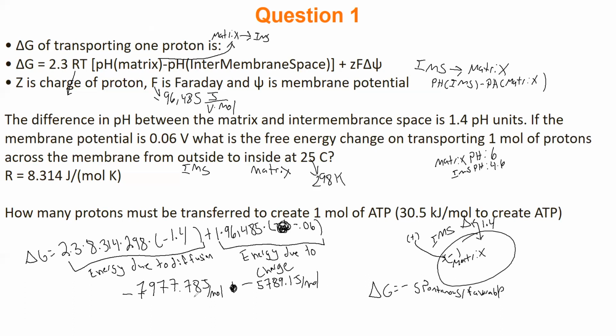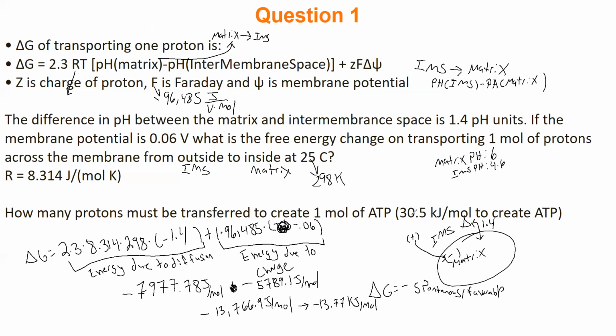And combine these two together is negative 13,766.9 joules per mole. We can convert that to kilojoules per mole by dividing this answer by 1,000 to get negative 13.7, I'm just going to round to 77 kilojoules per mole.